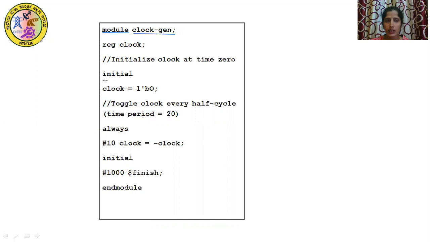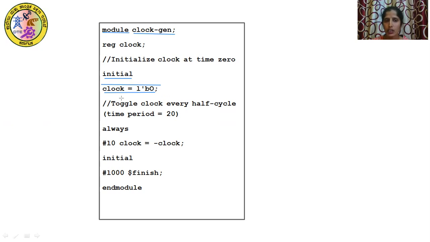And here we can see that we have initialized clock equal to 1-bit binary 0 by using this initial construct. So this statement will be executed only once during the simulation time, so that at the beginning of simulation, clock will be initialized to 1-bit binary 0.